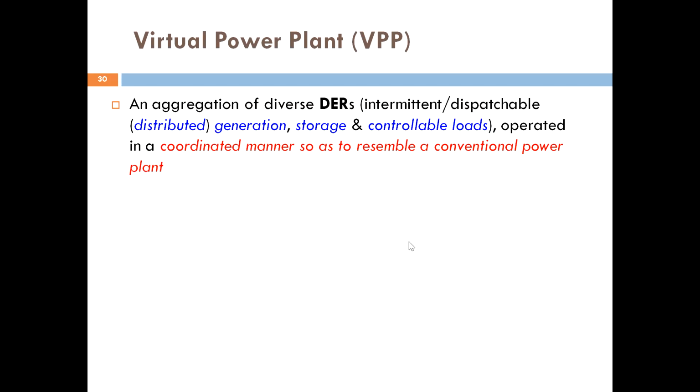Then a virtual power plant. This is also another key concept or an important approach for the grid integration of distributed energy resources.